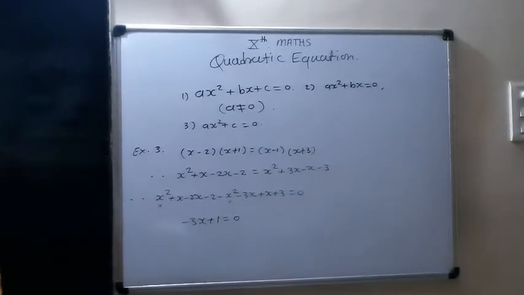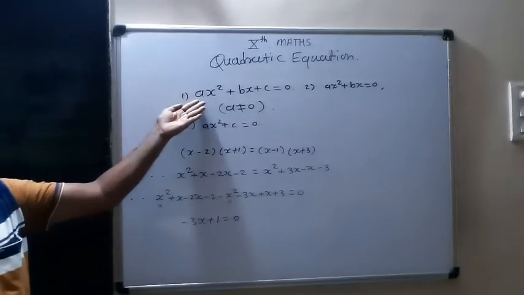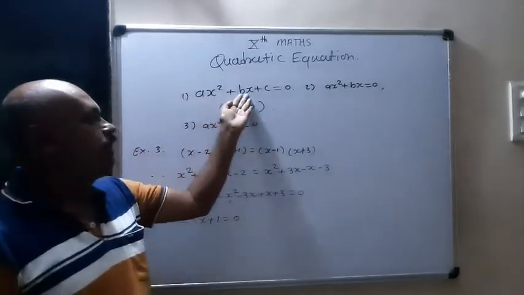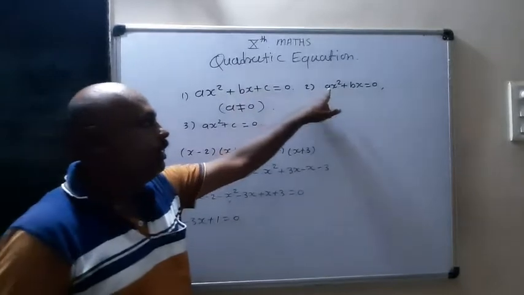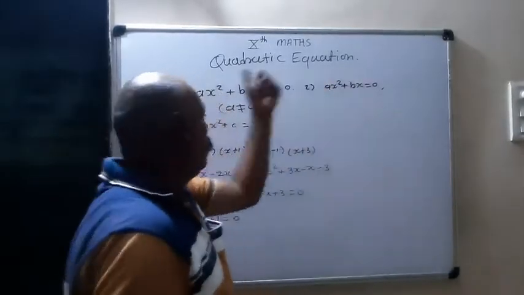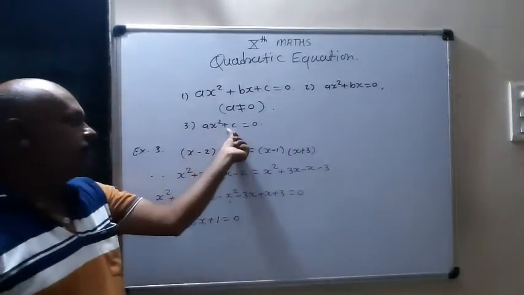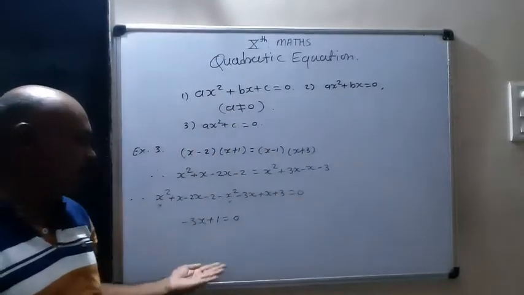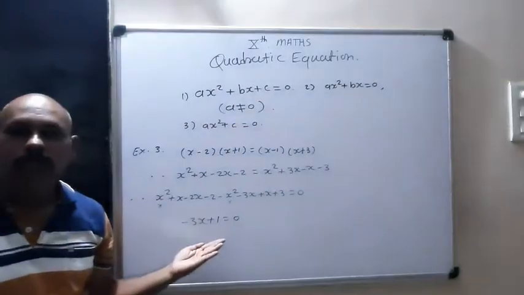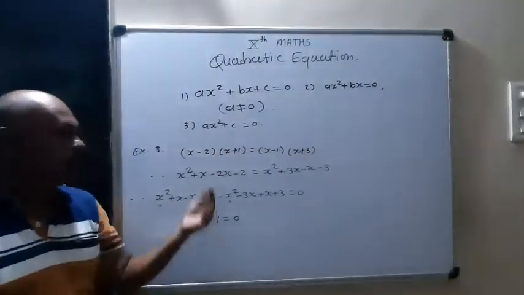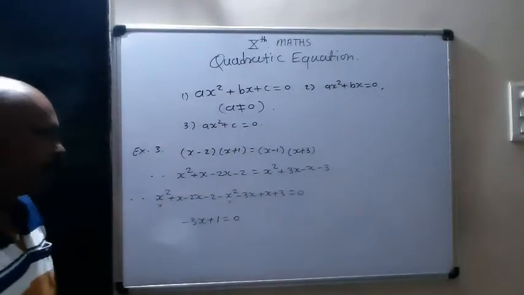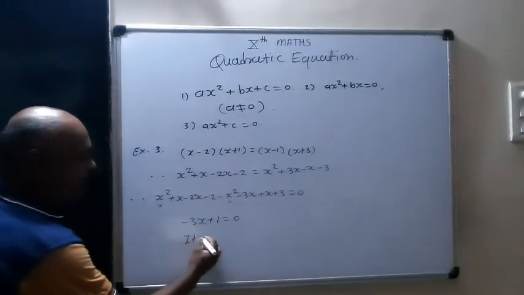But when we compare it with the standard form, ax square plus bx plus c equal to 0, or ax square plus bx equal to 0, or ax square plus c equal to 0, there is no such result which is a quadratic equation. That means it is not a quadratic equation.